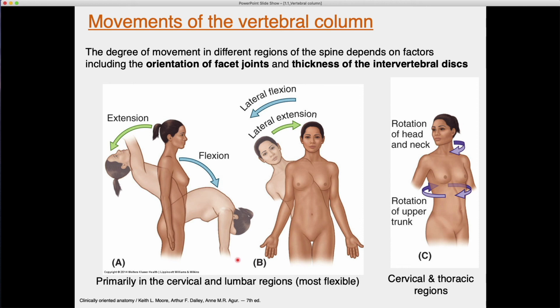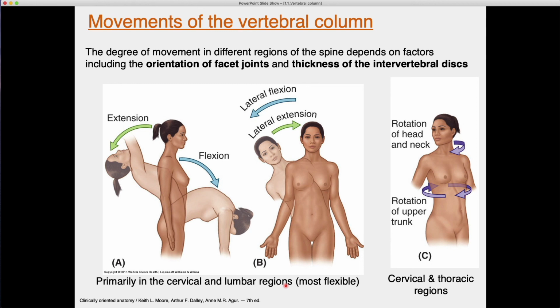So cervical and lumbar are the most flexible, and the thoracic region is actually the most limited in terms of movement. This is because of the orientation of those joints, but also because it's quite secured with the ribs and the sternum anteriorly. That also helps limit movement in the thoracic spine as a whole.